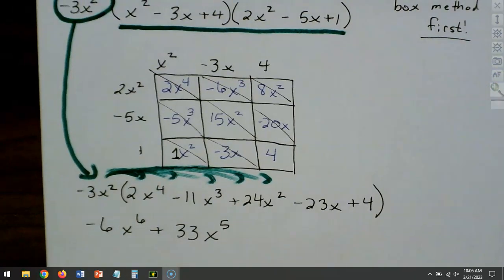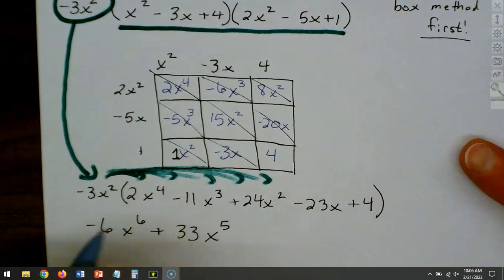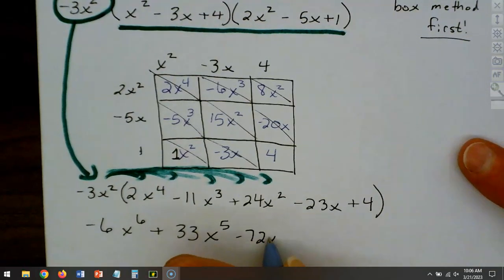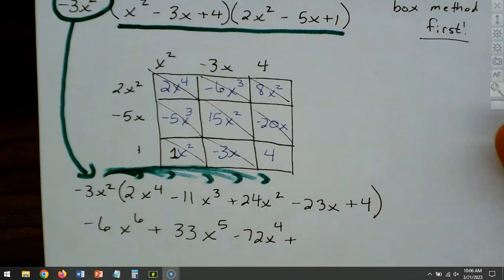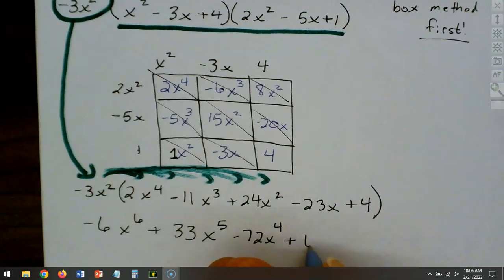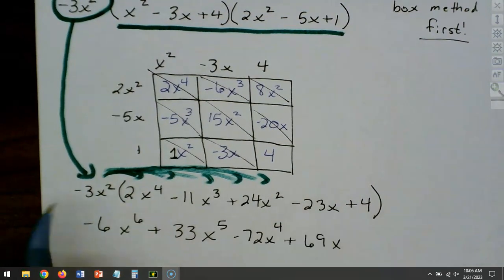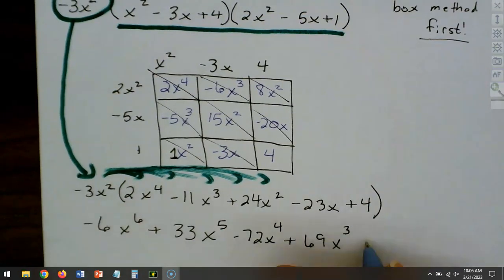That should make it a minus 72x to the 4th there. Double negative makes that positive. And 23 times 3, that makes it a 69x, it looks like, cubed. And then the last piece is a minus 12x squared.